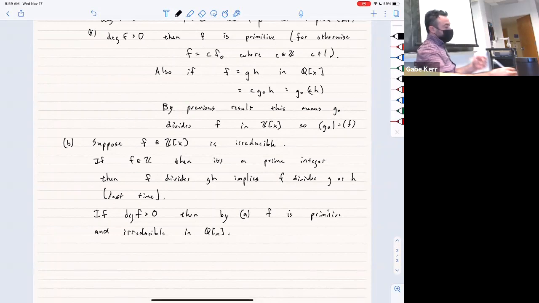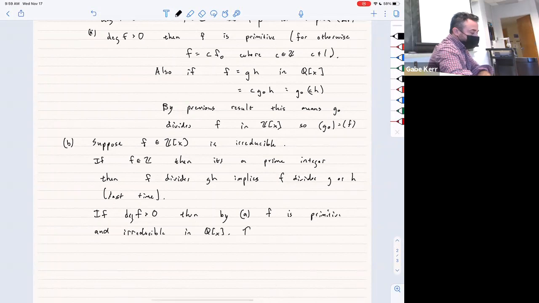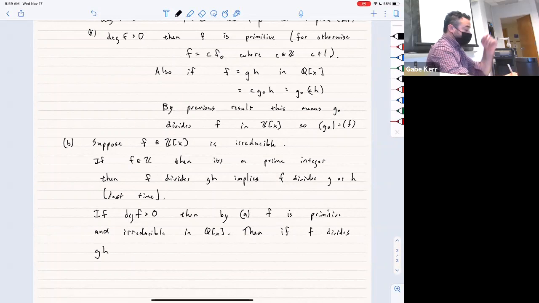Okay, but then, again, if f divides g times h in Z[x], well, it certainly divides g times h in Q[x] as well.